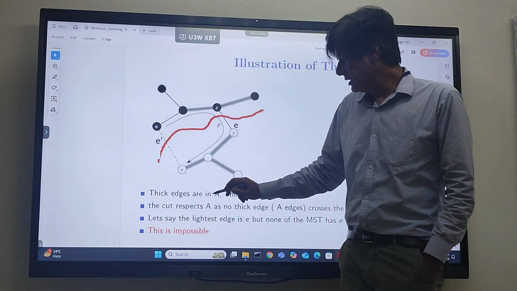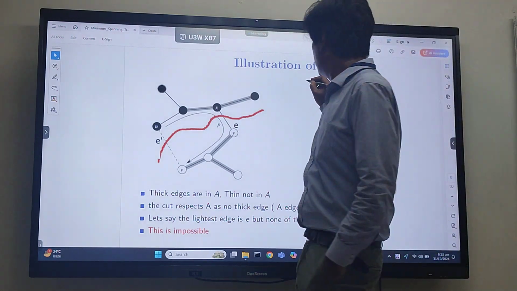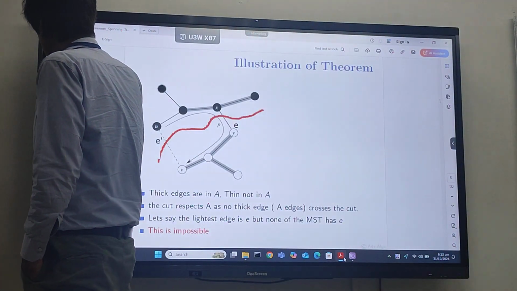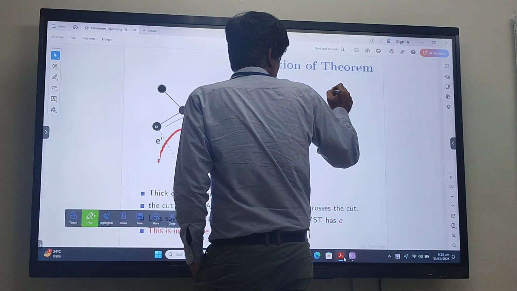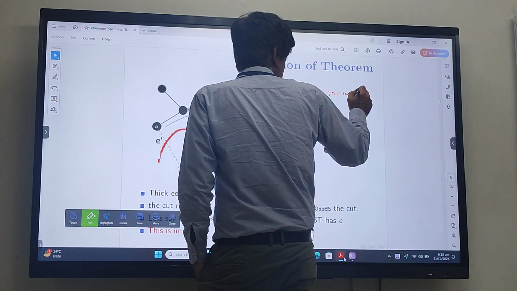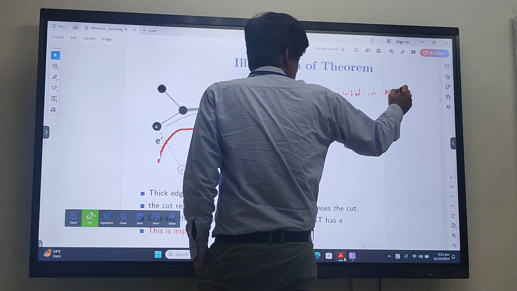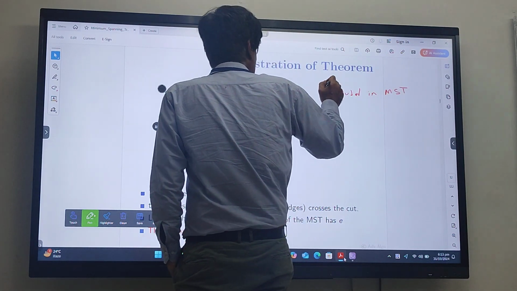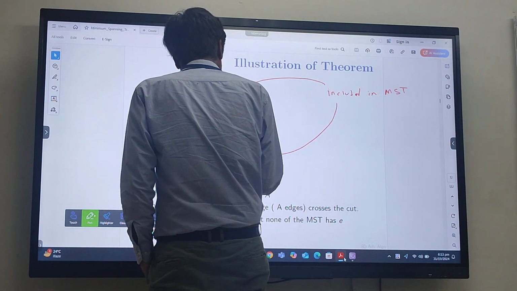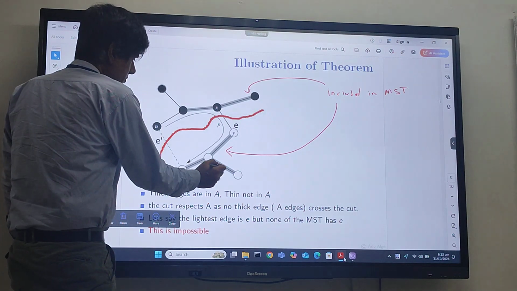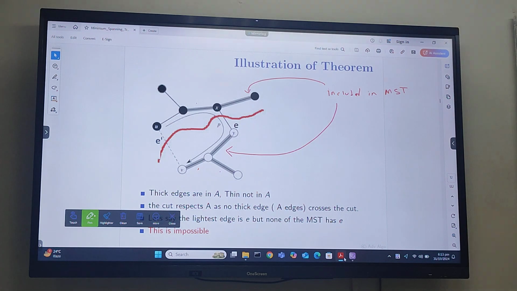So the thick edges are in A. Okay? These edges are already included in the MST. Let's say this edge, this edge, this edge, this edge, this edge. The thick edges are drawn a bit fat.